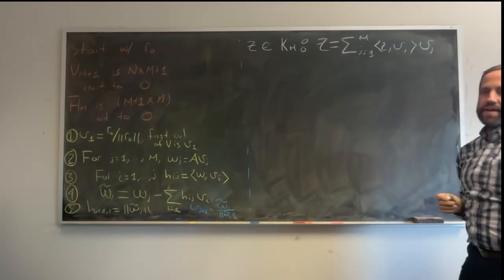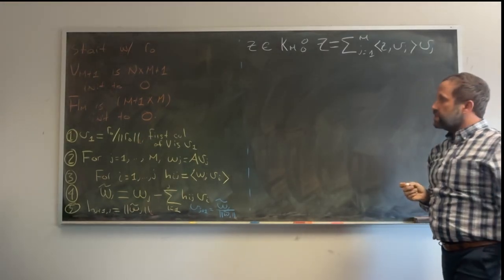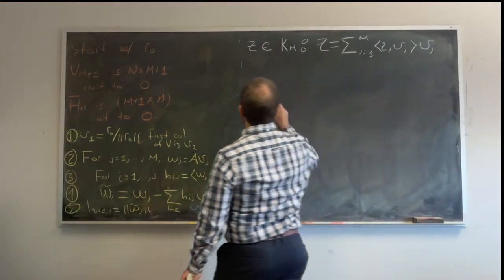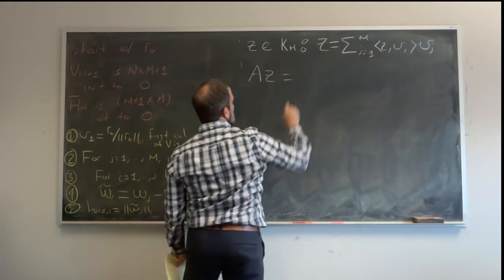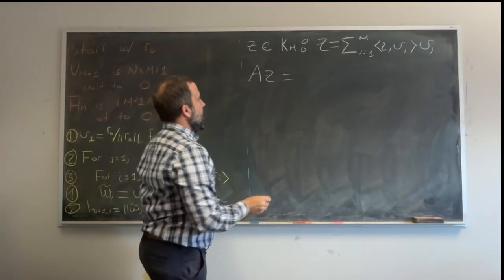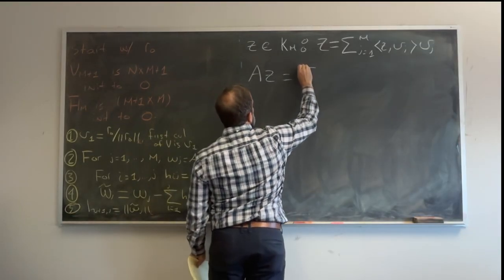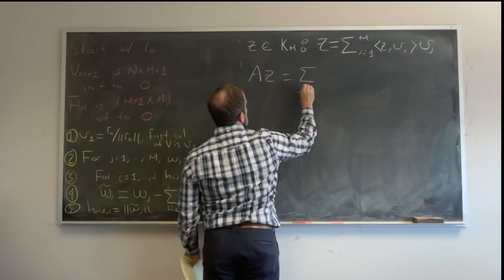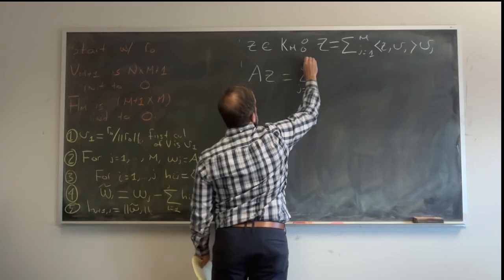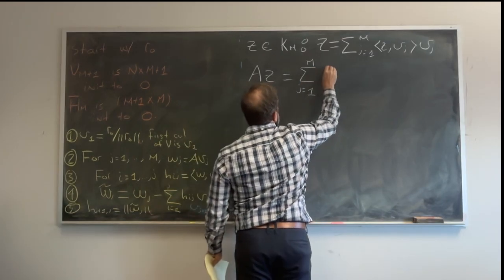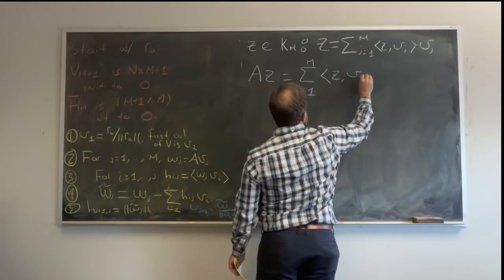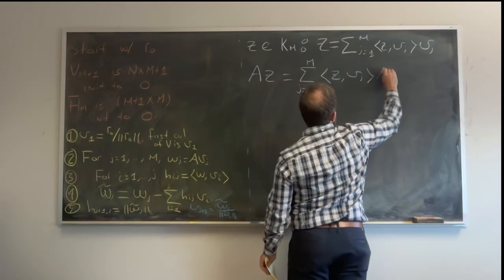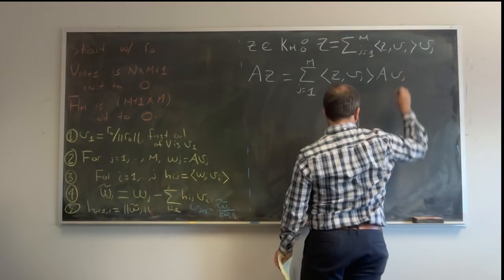It just comes from the fact that the vj's are an orthonormal basis. Okay, so then if I compute A times z, I just multiply both sides of this equation by A, and the sum on the right-hand side is j equals 1 to m, and we're going to get the inner product of z and vj times A vj.